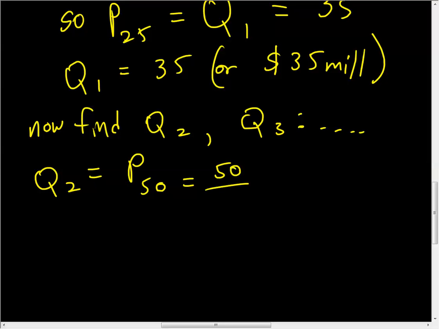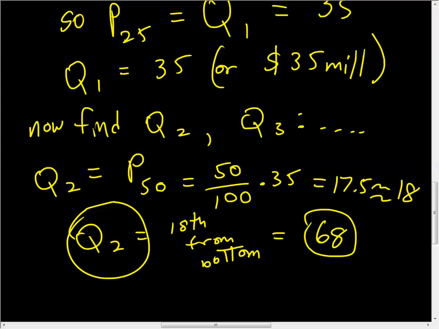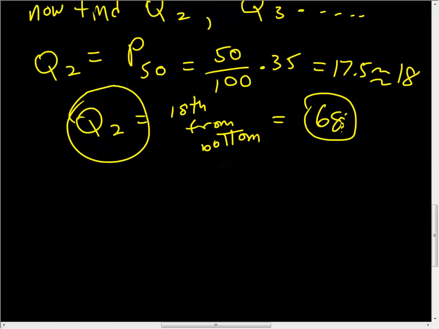So you take your percentile of interest, divide by 100, multiply it by 35, and I get 17.5, which then I will round up to 18. So the 18th value on the list, 18th from the bottom, and I believe that's 68 in millions of dollars. So Q sub 2 equals 68.